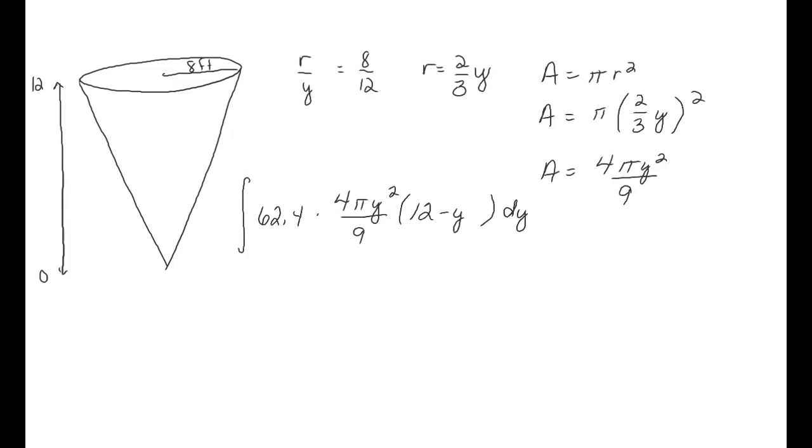And then we just need our limits. We are only removing up to the 10-foot piece. So if we look at our coordinate system, we're removing the water that sits from 10 to 12. So those are our limits. And there's the setup.